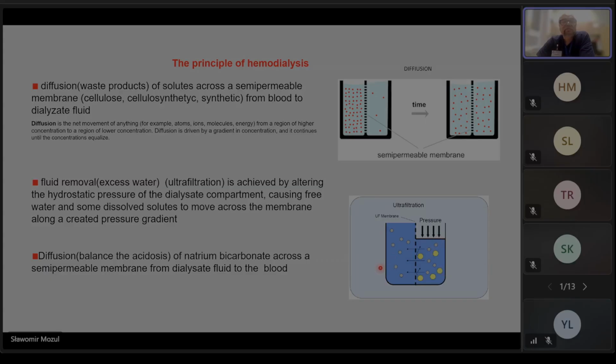And here in this small picture, you can see a schematic of fluid removal, excess water removal, called ultrafiltration. This process is achieved by altering the hydrostatic pressure of the dialysis compartment, causing free water and some dissolved solutes to move across the membrane along a created pressure gradient.